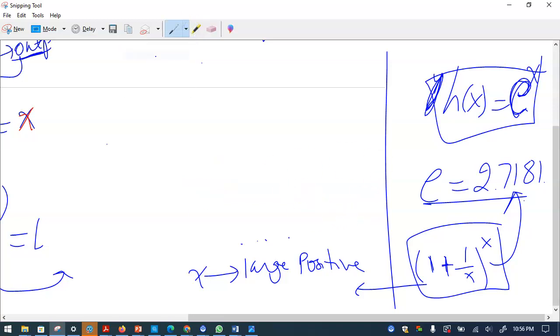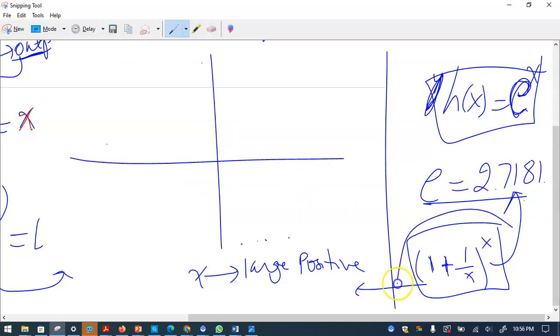On the graph, if you want to graph this function, x cannot be 0. As x approaches a very small number close to 0 from the right side, this number will approach 1.